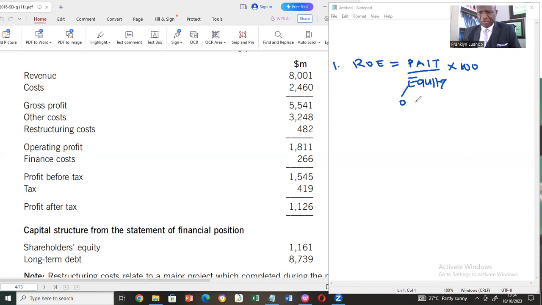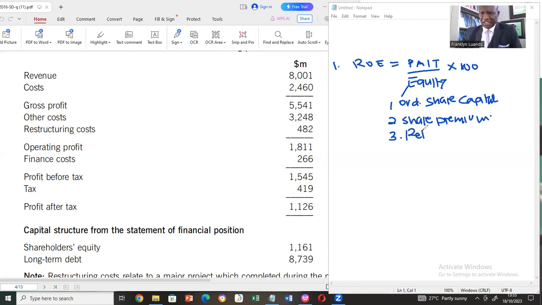ordinary share capital, two, share premium, three, we have reserves.